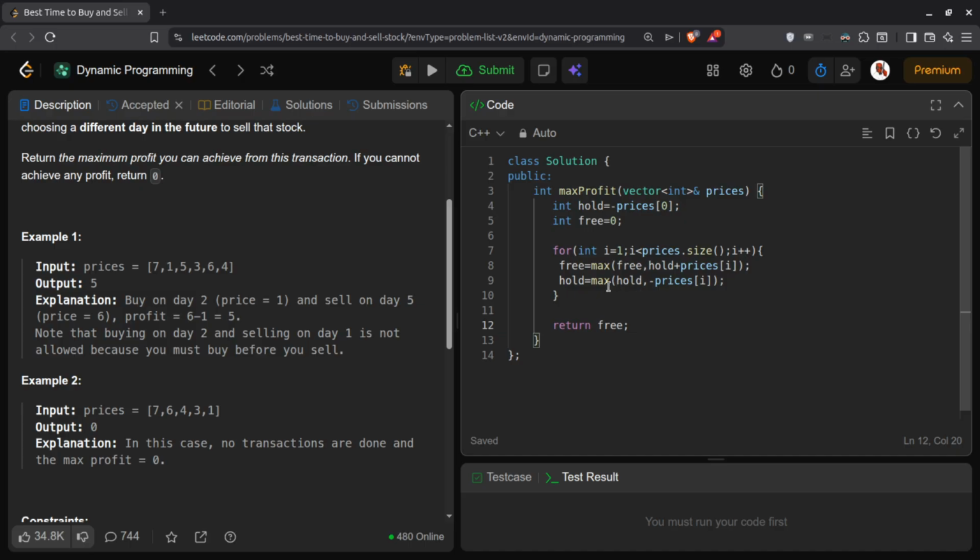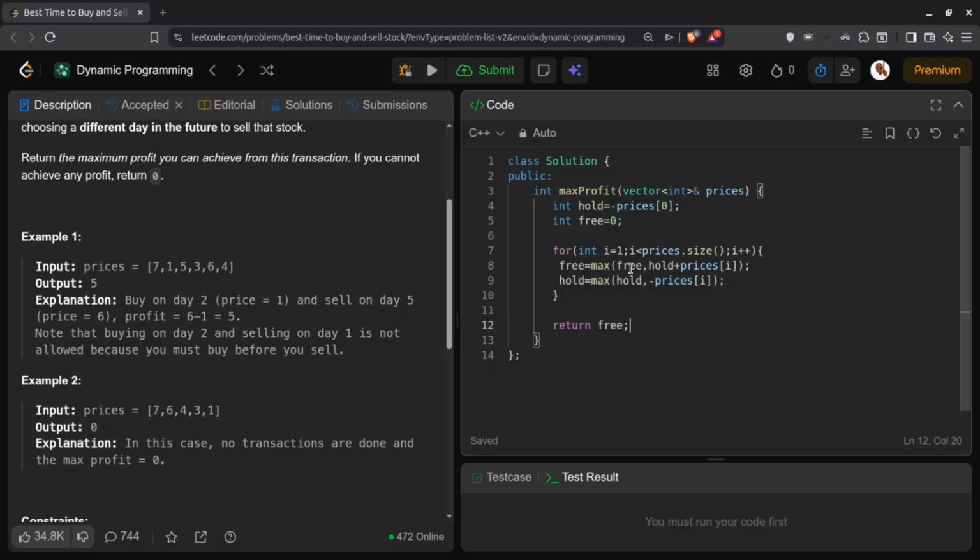After that it will iterate, i will become 2. At index 2 prices are 5 and hold is minus 1. Minus 1 plus 5 will be 4.